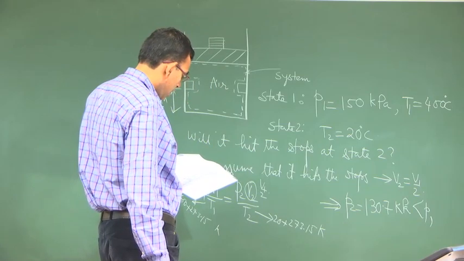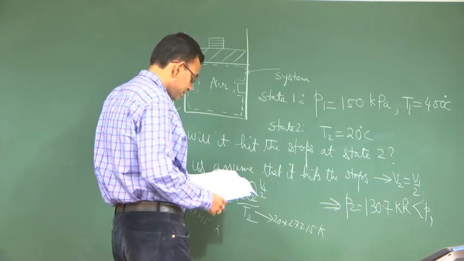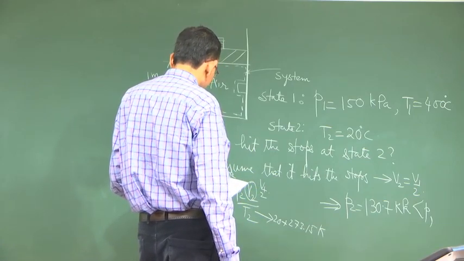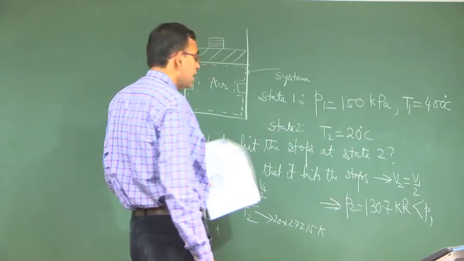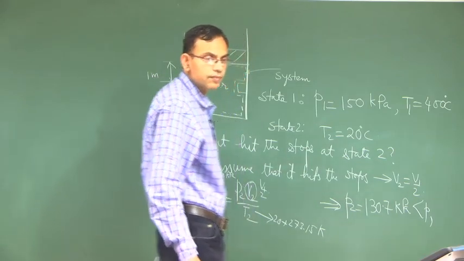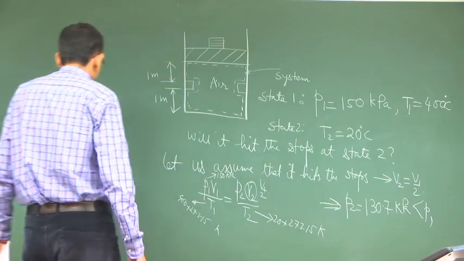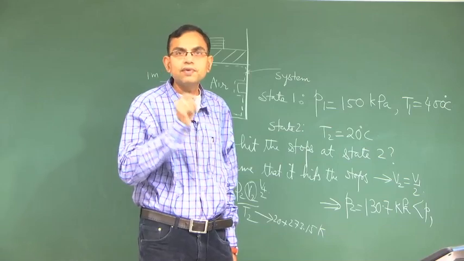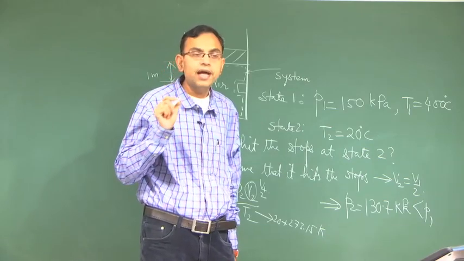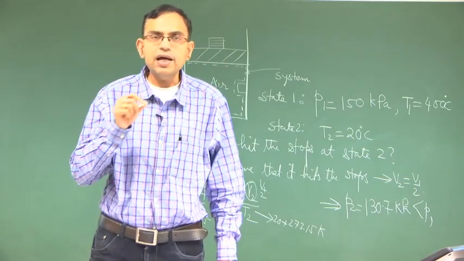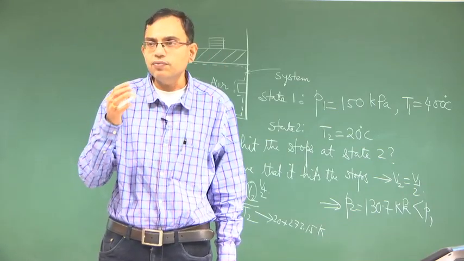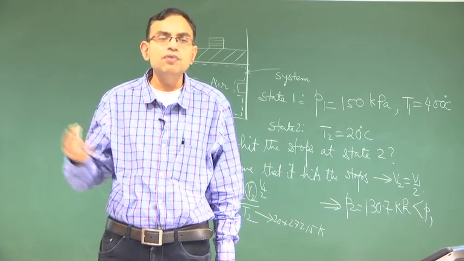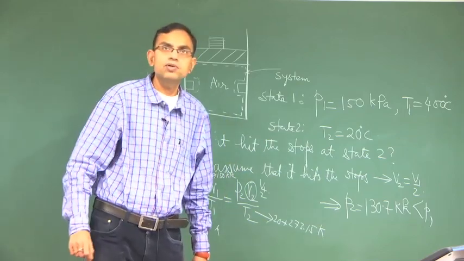Then, now what is the specific work done by air during the process? For any problem where work done is involved, it is very convenient if we can draw the PV diagram, because PV diagram gives us a physical insight of how pressure is changing with volume, and then the integral of PdV will give the work done for the simple compressible pure substance.